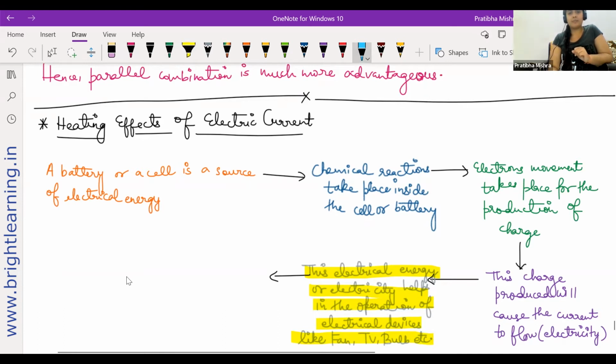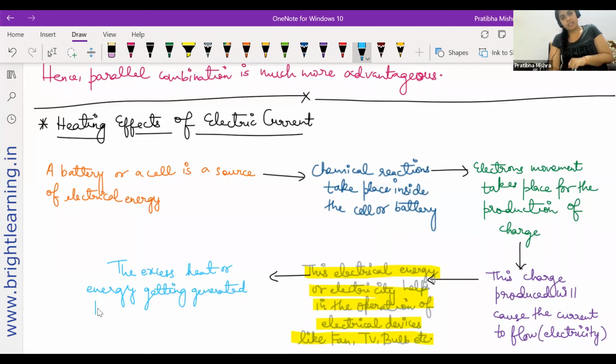What we do is that heat, we can just write the excess heat or energy getting generated through these electrical appliances, will do what?